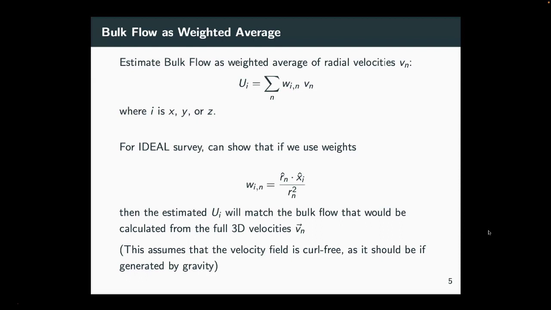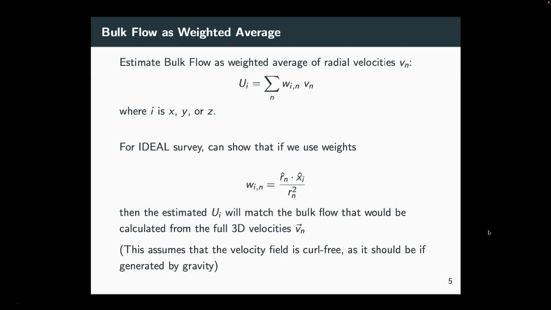For an ideal survey, it's a cool mathematical fact that if you take the component of the radial vector along the component of the bulk flow that you're trying to measure, and weight by a 1 over r squared weight, you can show mathematically that this will reproduce the bulk flow calculated from the full 3D velocity.